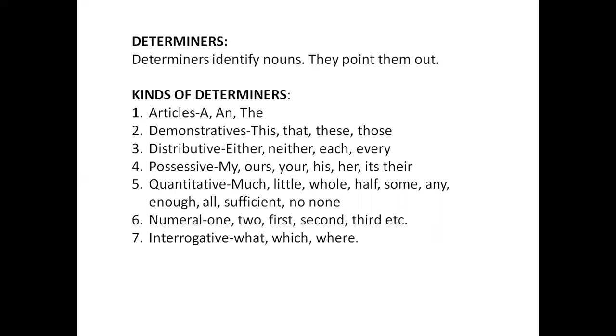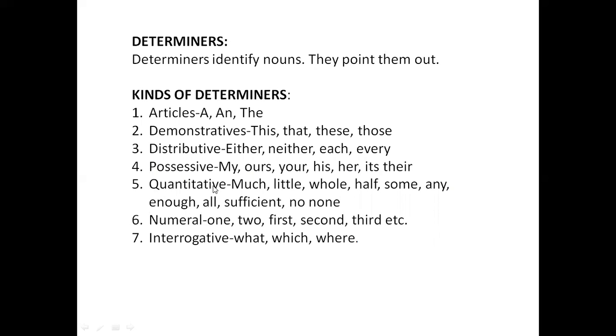So what are the kinds of determiners? Here we have articles a and the. Then demonstratives: this, that, these, those. Then distributives: either, neither, each, every. Then possessives: my, our, your, his, her, its, their.